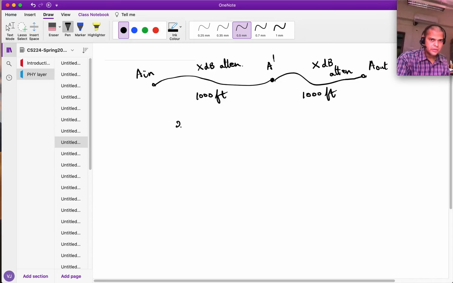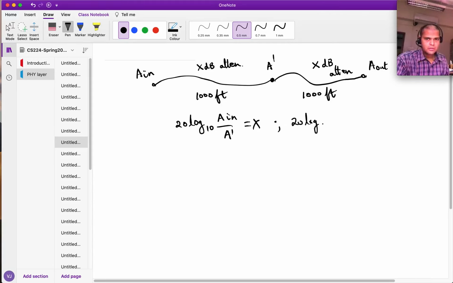So this means that 20 log to the base 10 A in by A dash is X, and we are also told that 20 log to the base 10 A dash by A out is X. So what is the attenuation for the entire cable?